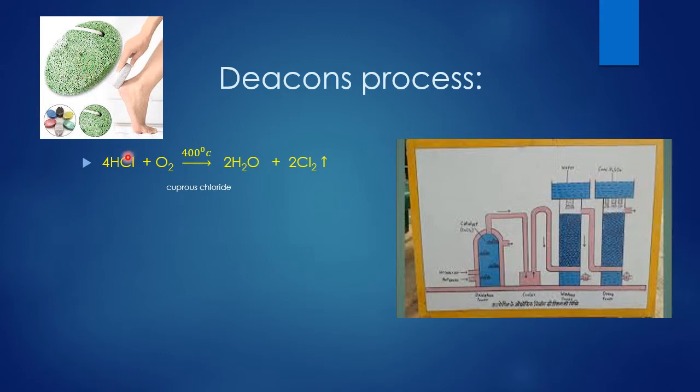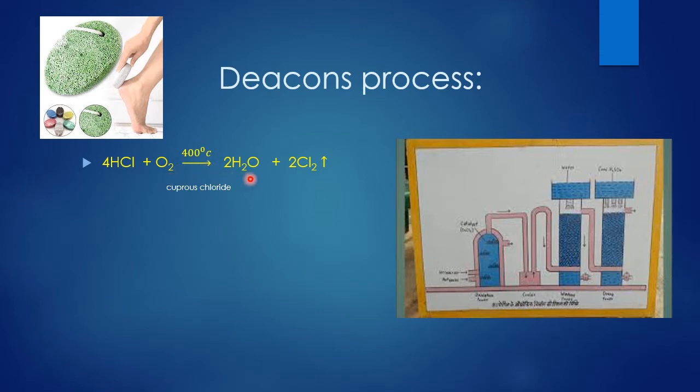Along with this mixture of hydrochloric acid and oxygen, this pumice stone is impregnated with cuprous chloride, because here cuprous chloride is acting as a catalyst. The formula is Cu2Cl2. When the pumice stone along with the cuprous chloride is passed inside this container and mixed, the HCl and oxygen react at a temperature maintained at 400 degrees Celsius.